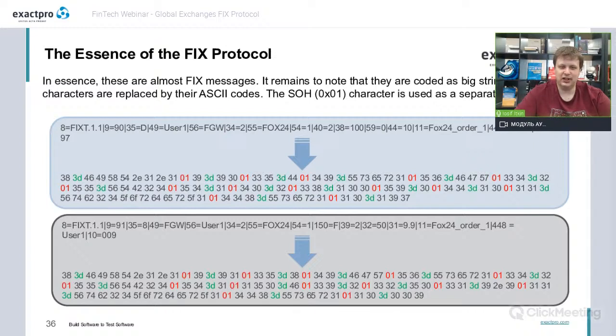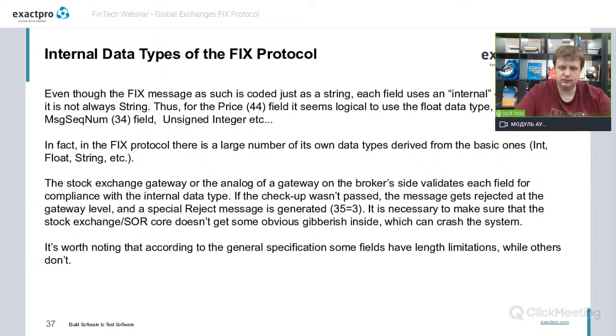So we constantly have 01 inside the message to split. And 3D is the equals sign. So you can see that there are many 3Ds, and there are also 01s. So this is how FIX messages are encoded.